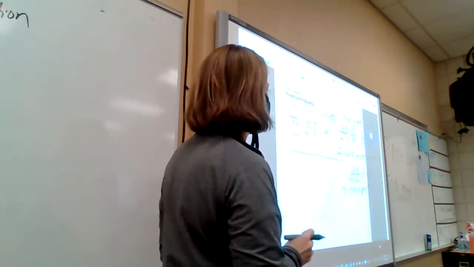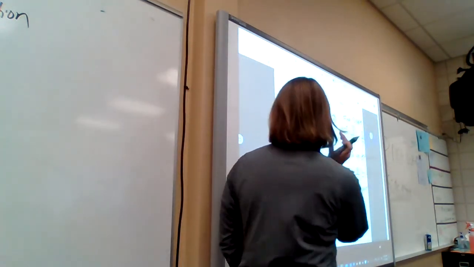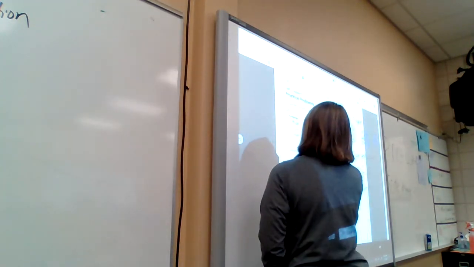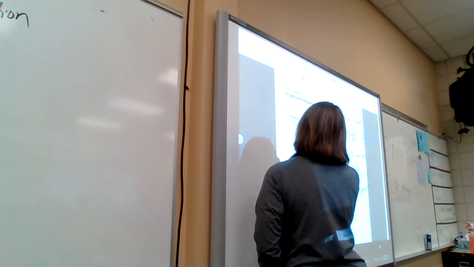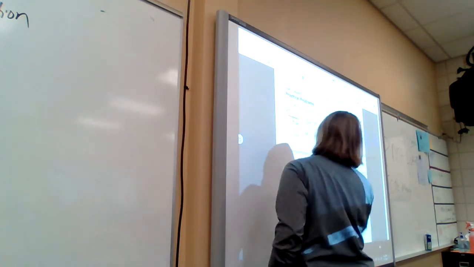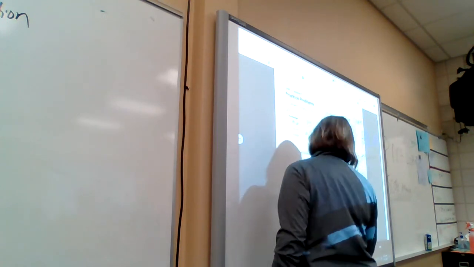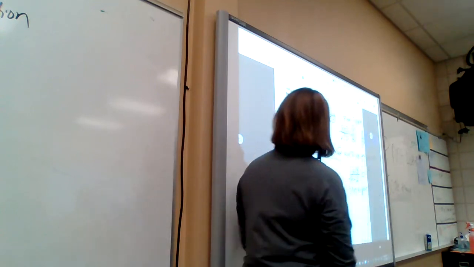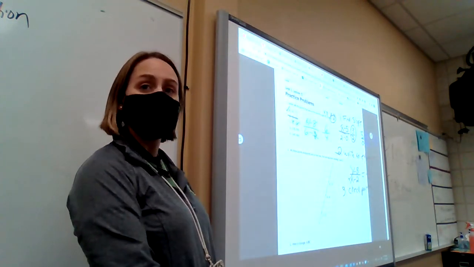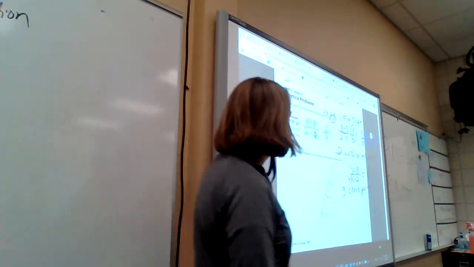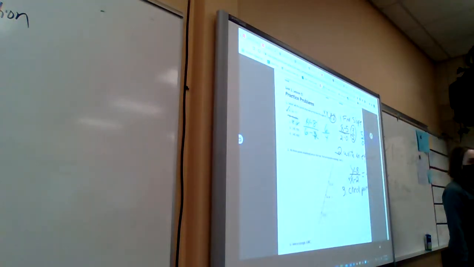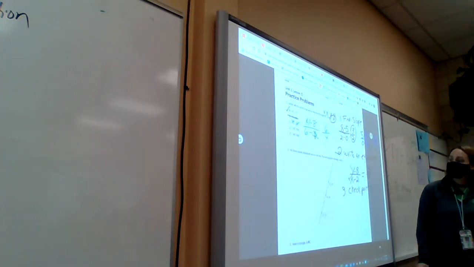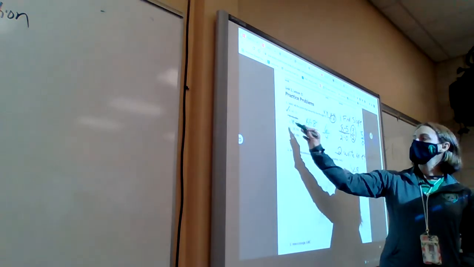And 6 minus 2 is 4. Now that equals 6 over 4. It's not 3 over 2. Can you reduce it to 3 over 2 by dividing it by 2? Yep. So this one is correct.